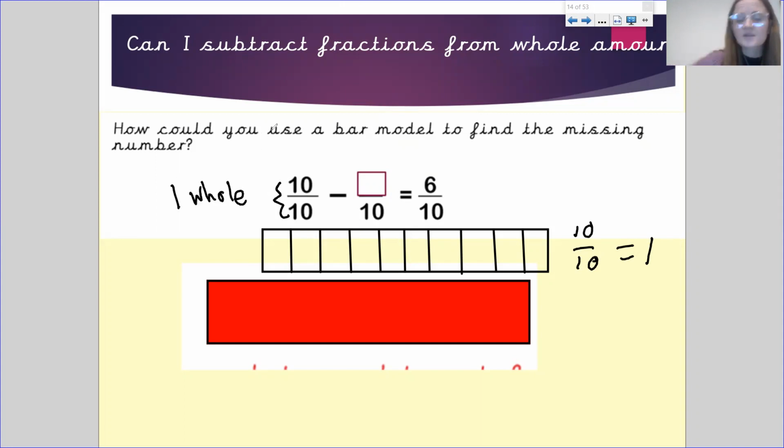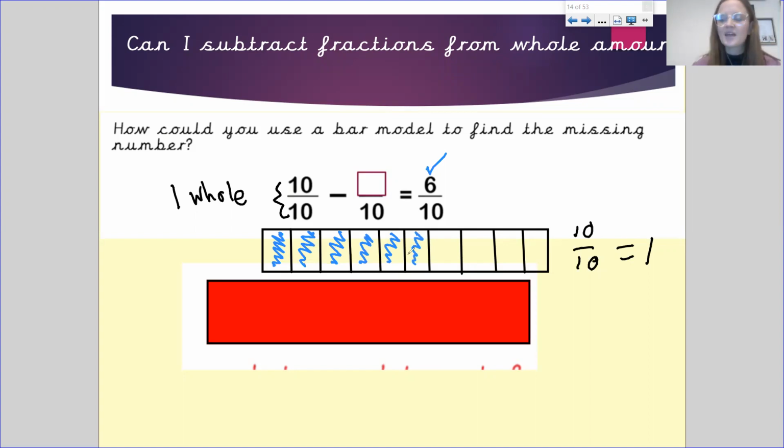So remember that. But now it says 10 tenths minus something gives me 6 tenths. So I know that I should be left with 6 tenths, this bit here. So let's color in 6 tenths. 1, 2, 3, 4, 5, 6. 6 tenths.